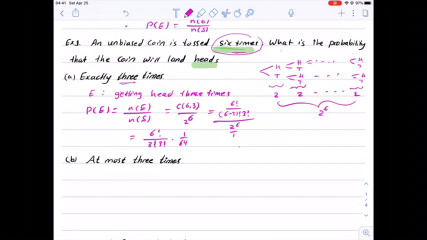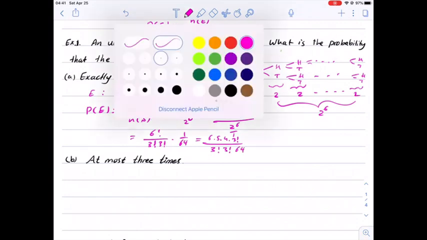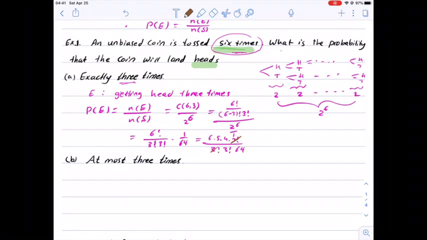And then we simplify. 6 factorial is 6 times 5 times 4 times 3 factorial, over 3 factorial times 3 factorial times 64. We can cancel 3 factorial and simplify, and 6 is actually 3 factorial.